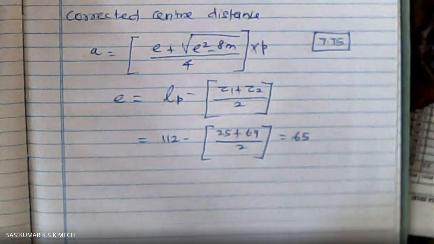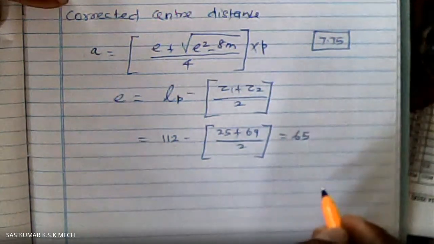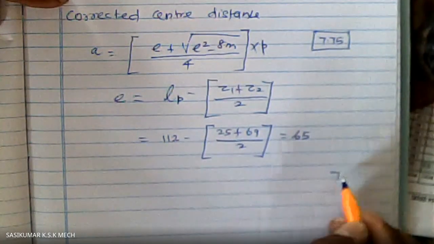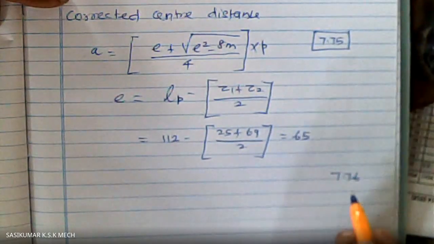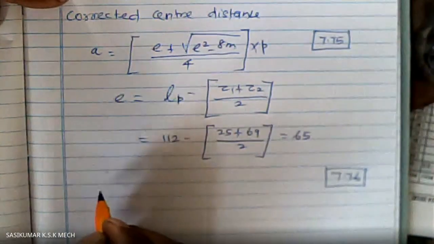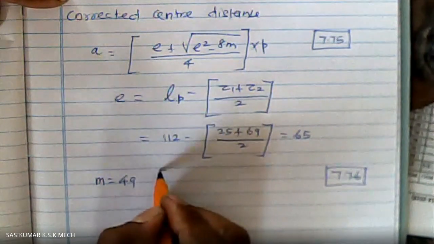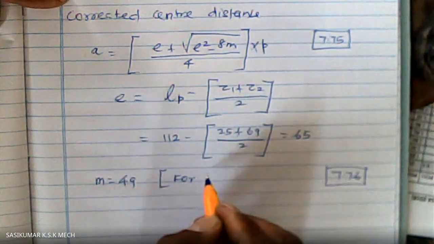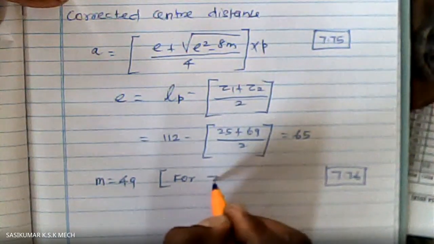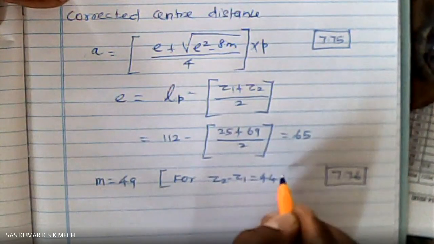Here m is the parameter that is taken from page number 7.76. So m is equal to 49 for the value of Z2 minus Z1, that is equal to 44.